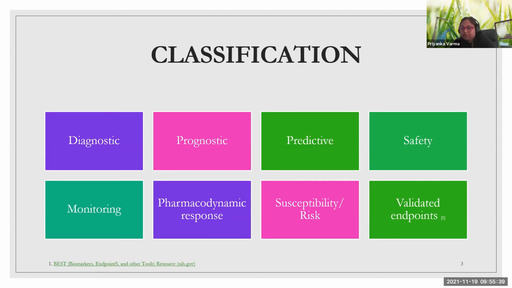What are endpoint biomarkers? So what is an endpoint? An endpoint is supported by strong mechanistic and/or epidemiologic rationale, such that an effect on the surrogate endpoint is expected to be correlated with an endpoint intended to assess the clinical benefit in clinical trials, but it's not yet validated.